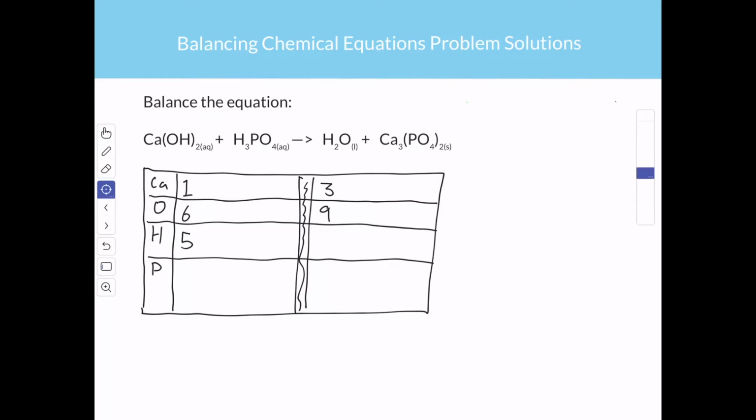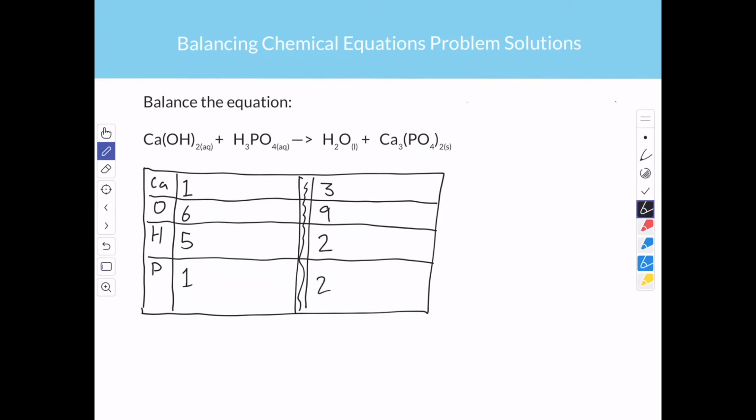And here, the only hydrogens we got are there, so 2. Phosphorus. 1 phosphorus. And one of these groups has a phosphorus each, so 2 of them gives us 2 phosphorus.